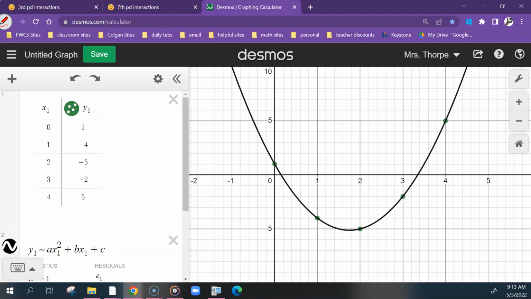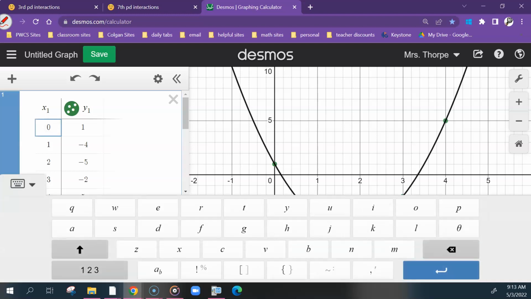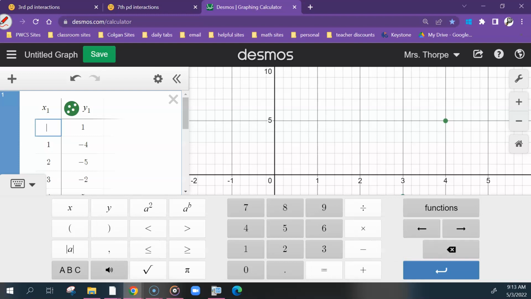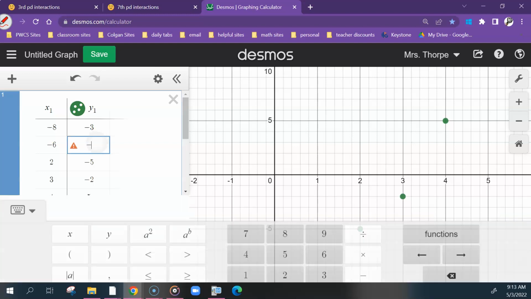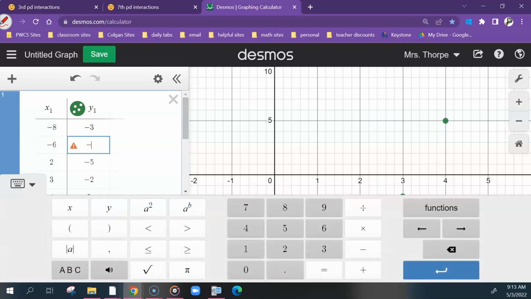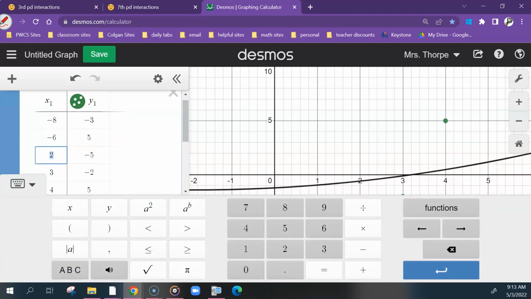What's nice about this is I don't have to retype this since I already have it there. I just have to change my table and it'll change it for me. So I'm going to put in these values. Negative 8, negative 3, negative 6, and 5. Negative 4 and 9.